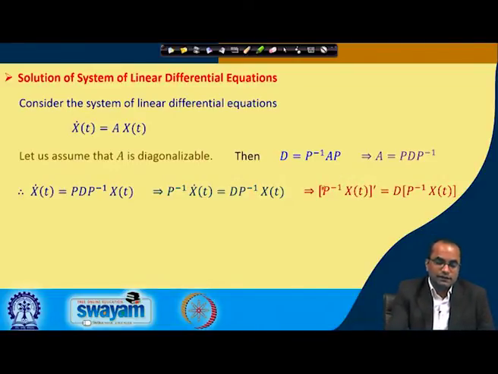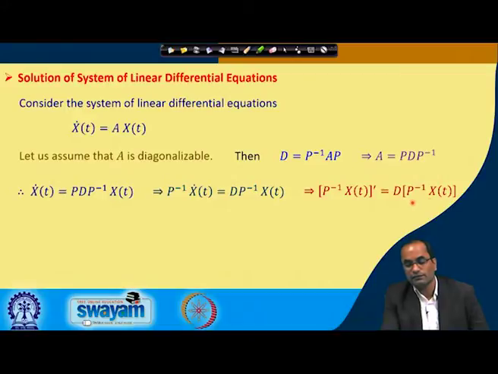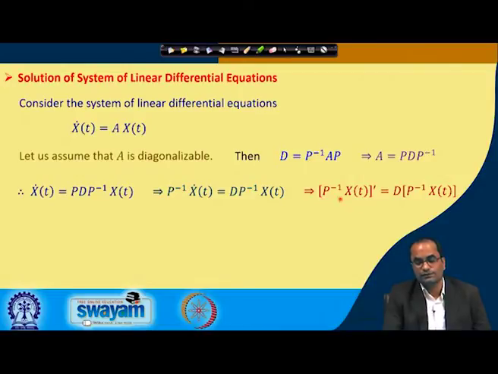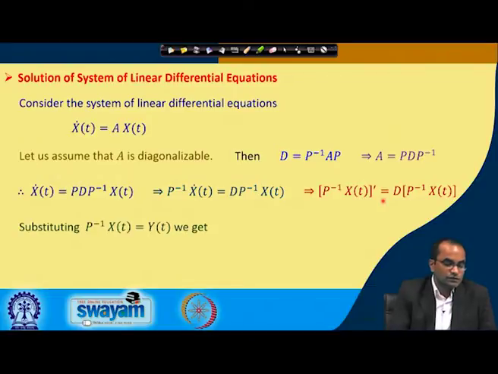We have the derivative of P inverse x on the left, and P D P inverse x on the right. Now we substitute a new variable for P inverse x.